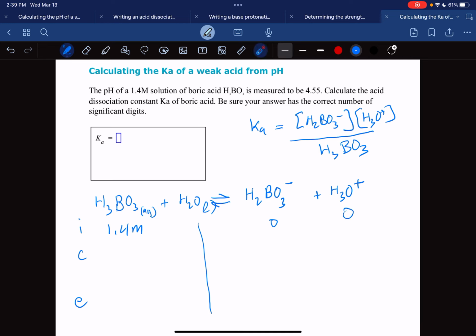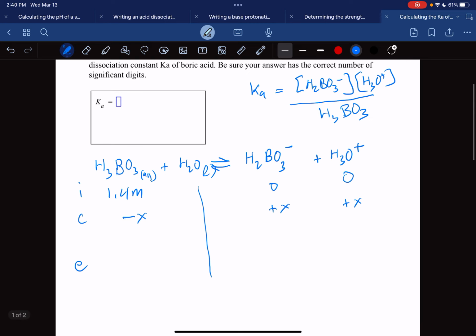Now, if you look at our coefficients, this is a 1 to 1 to 1 ratio. If we were to lose anything, let's call it X, if we were to lose X from this, wouldn't we gain X here and gain X here? True story, right? So then our equilibrium value would be 1.4 molar minus X. And I'm going to get rid of the molar right here because we don't want it messing with our calculations. And we have X here and X here.